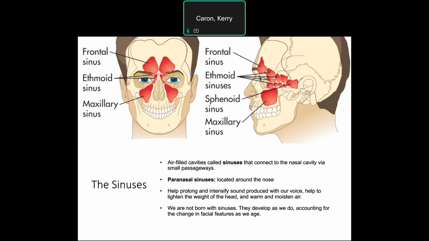They help to lighten things in the head. Otherwise, our head would be solid, right? So it lightens the weight of our head and it warms and moistens the air. We are not born with sinuses, they develop. And that's why our facial features change as we age, is that we're developing sinuses.